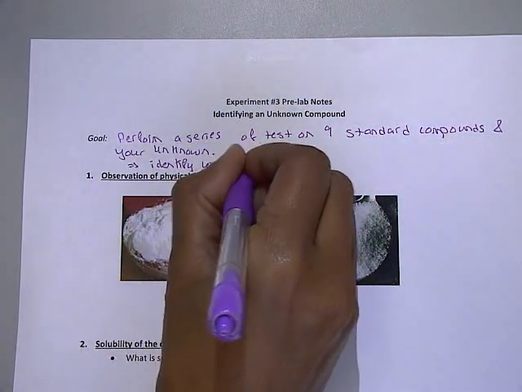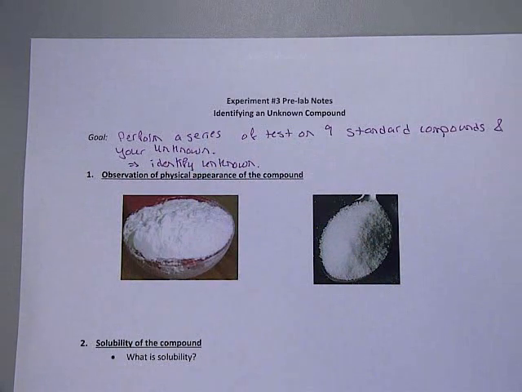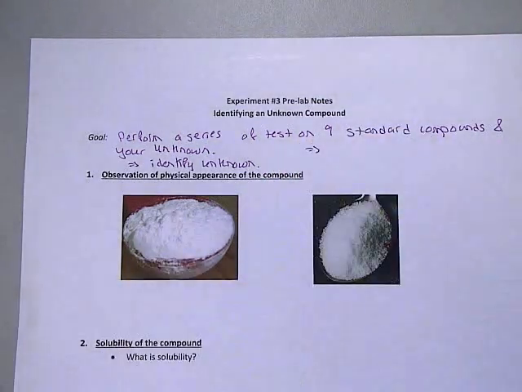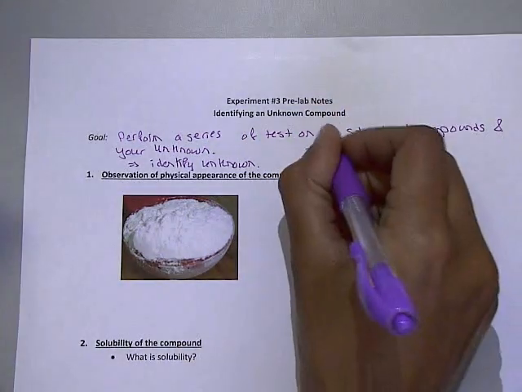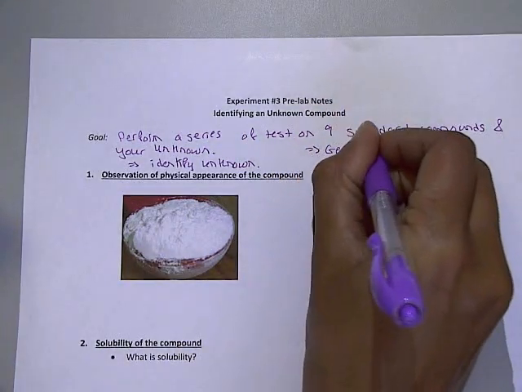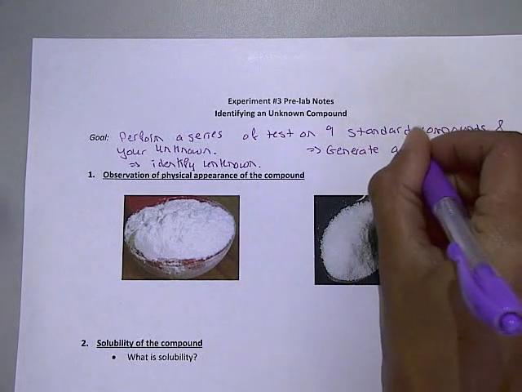identify your unknown compound, and please make sure you write down your unknown number in your notebook and write down your identification. But more so, it's really important for you to discuss your results with your lab instructor or TAs. Another and final goal, which you're graded on for this experiment, is to generate a qualitative.